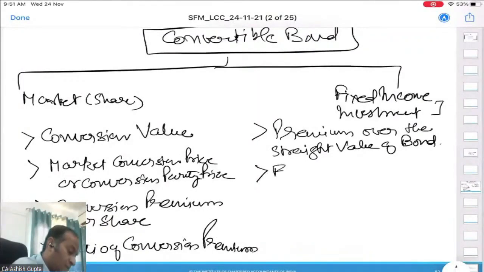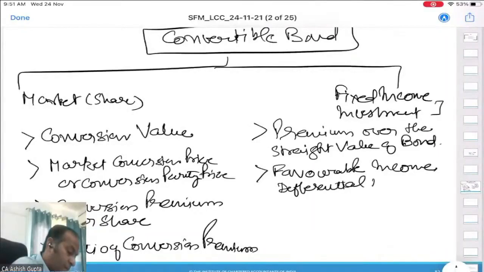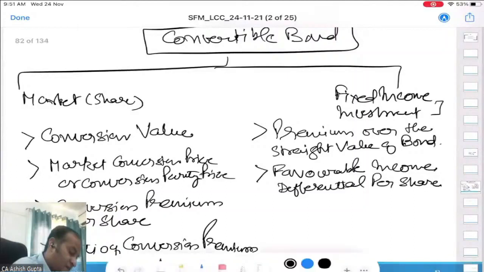Second, the favorable income differential per share. Okay, so basically what it does is compare.